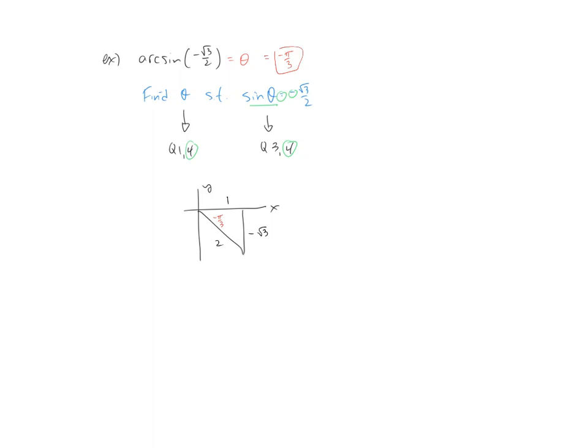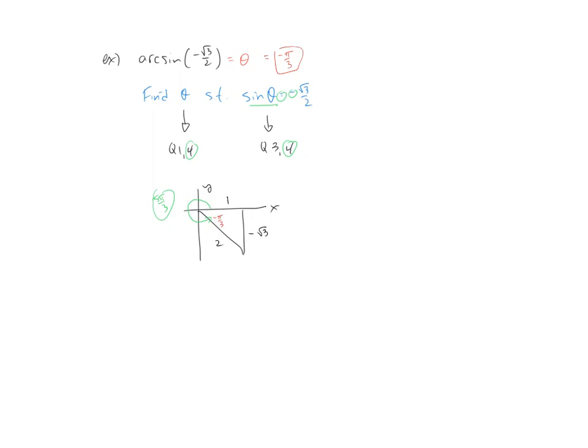Now, it's important to remember, the negative pi over 3 is the only answer. Some of you might be thinking, and it's not a bad thought initially, that, well, can't I give this angle? That angle is 5 pi over 3, and that's the same thing. Well, not in context.